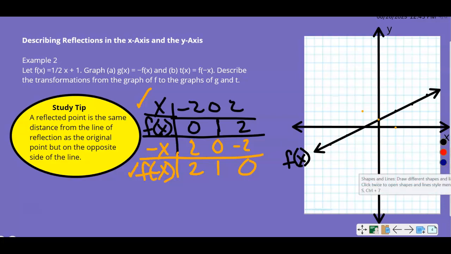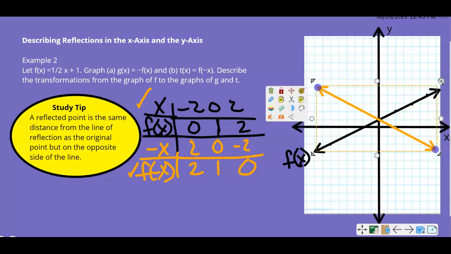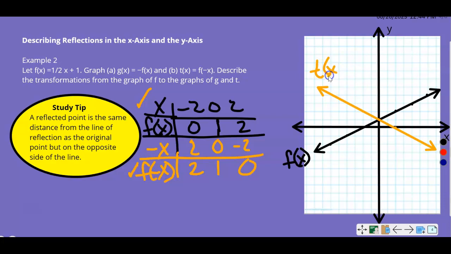All right, so using a table of values is the easiest way to find your new line when you're graphing a reflection. Right, so the orange line now represents t of x.